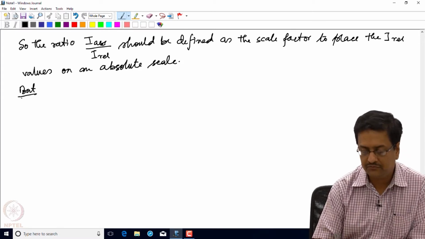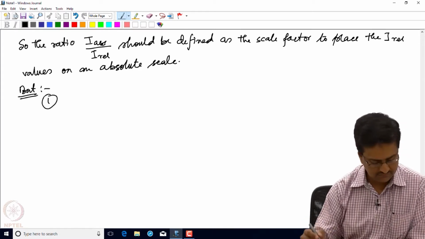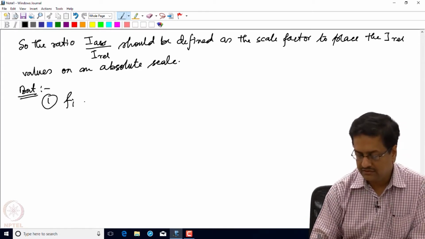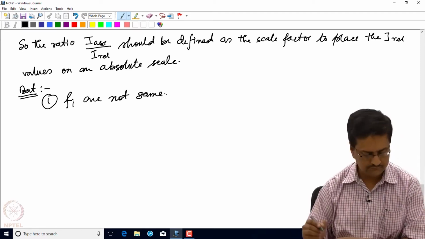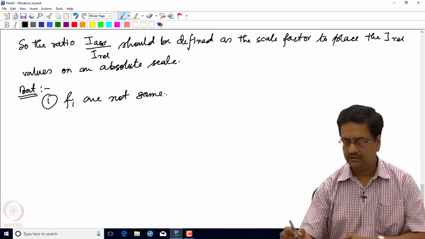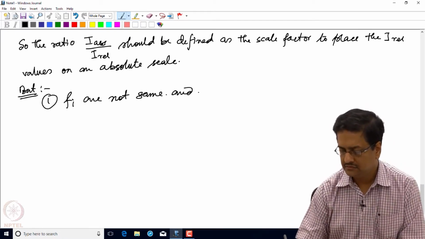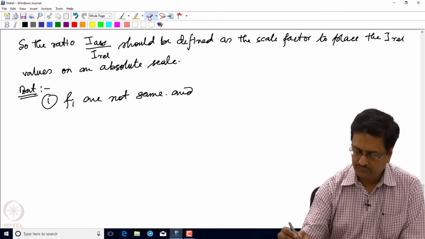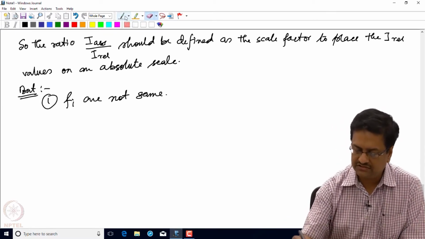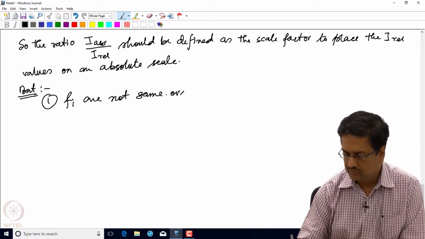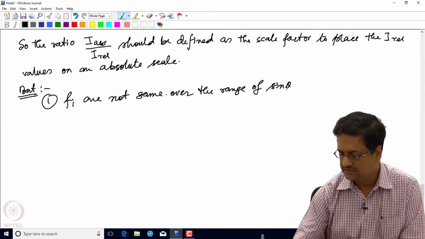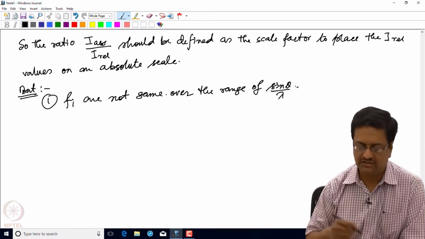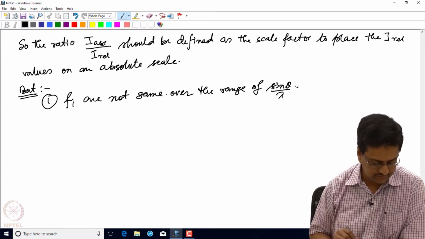But we have a few problems. Number one, Fi are not the same over the range of sin theta by lambda. It is dependent on sin theta by lambda.